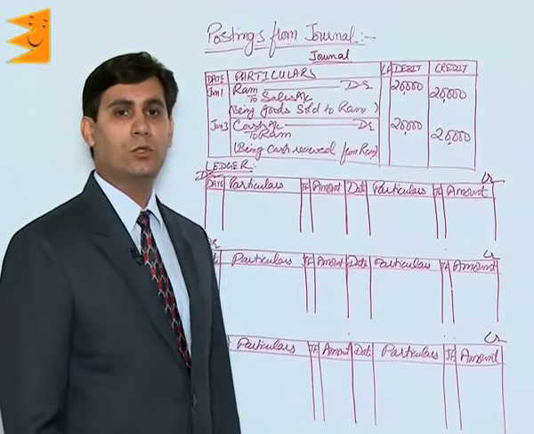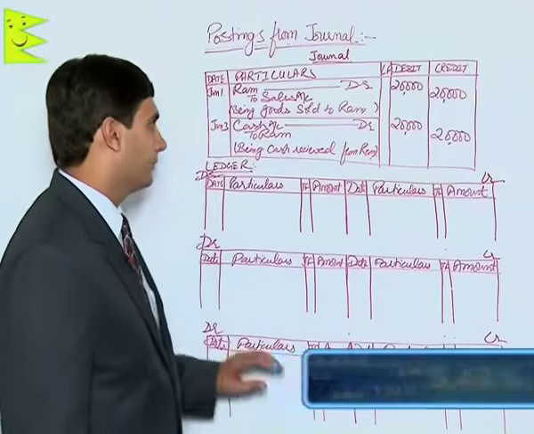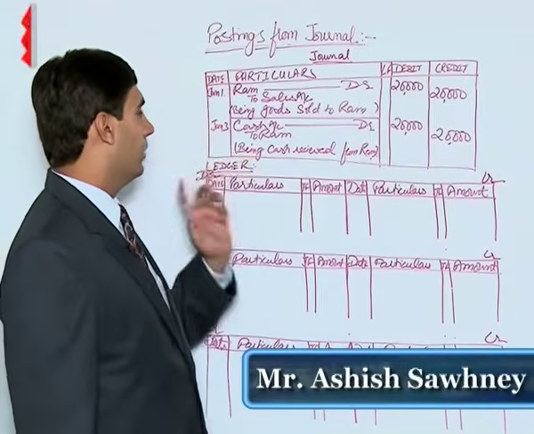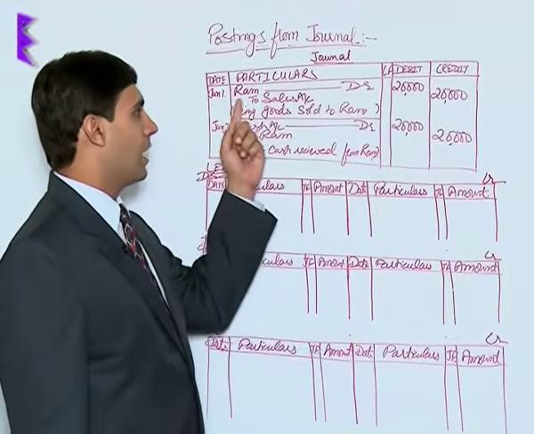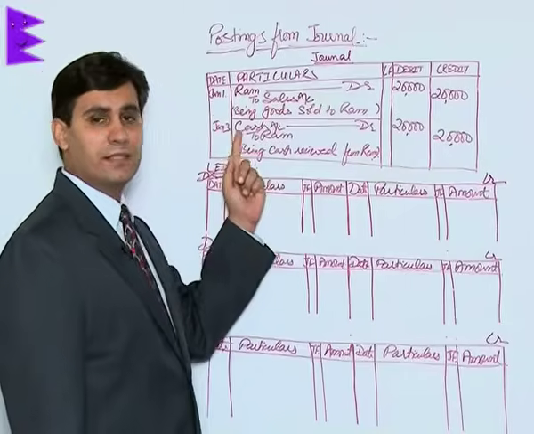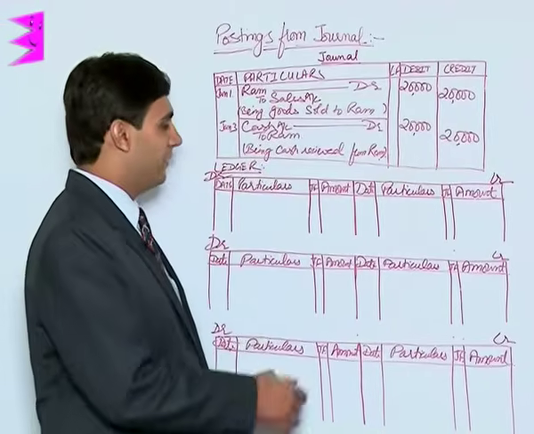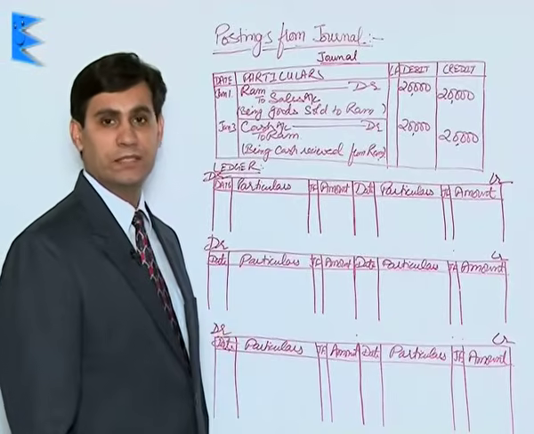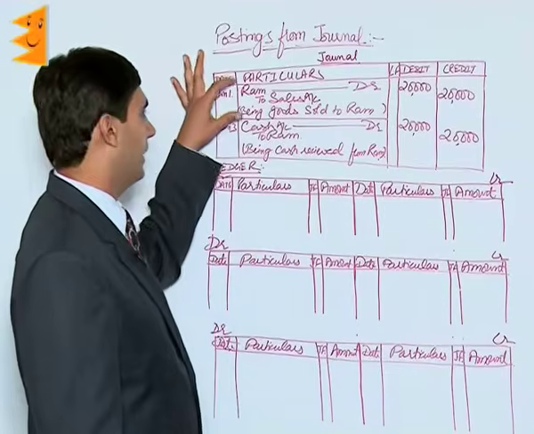Let us learn how to make postings from journal entries. Now students, here on board I have written two journal entries. The first journal entry is RAM to sales and the second one is cash to RAM. Now we will learn what would be the effect and how would they be transferred to various ledger accounts. Now students, let us concentrate on the first entry.